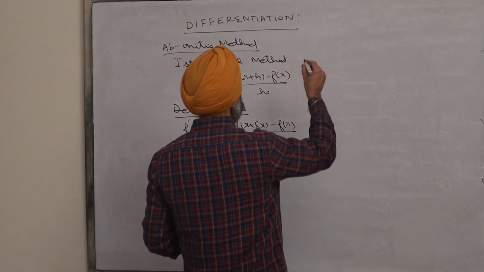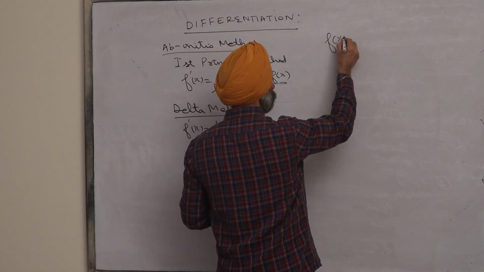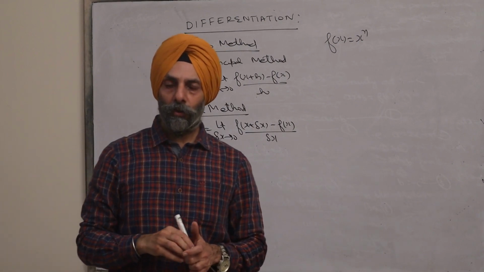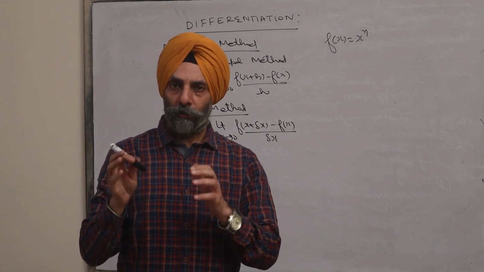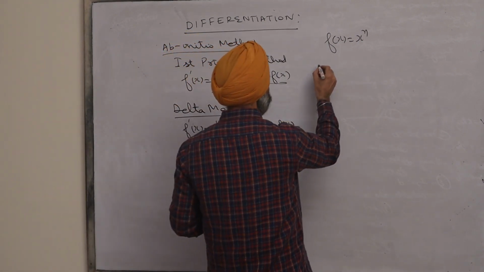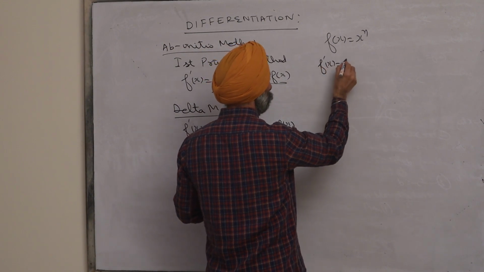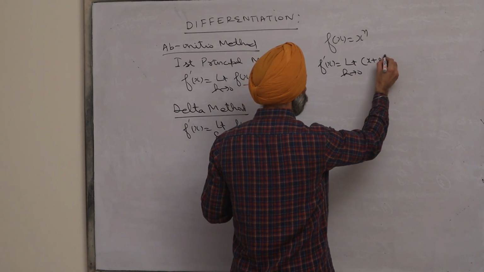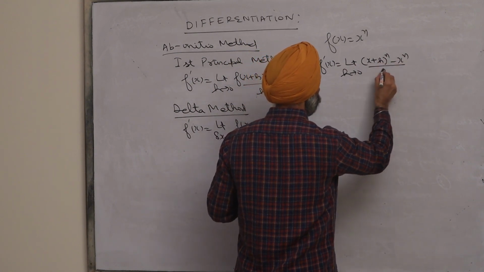Now for example, we have the function f of x is equal to x raised to power n. Now we want to differentiate it using the first principle. Then you can see here f dash x is equal to limit h approaches to 0 of x plus h raised to power n minus x raised to power n over h.